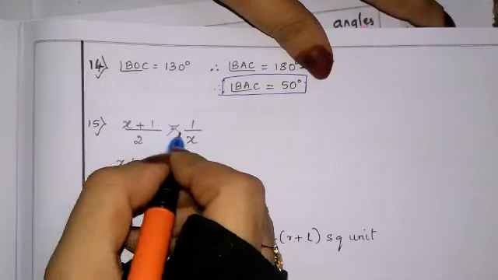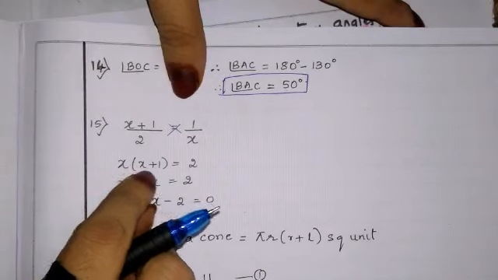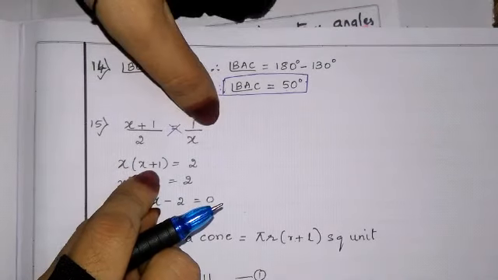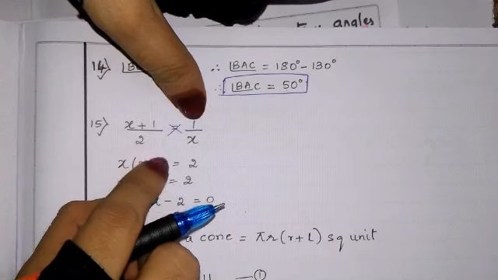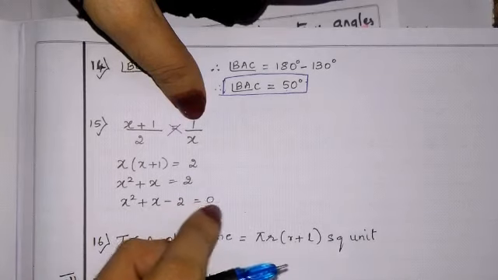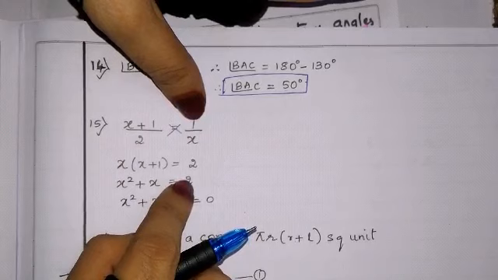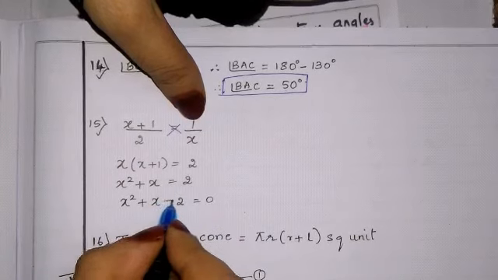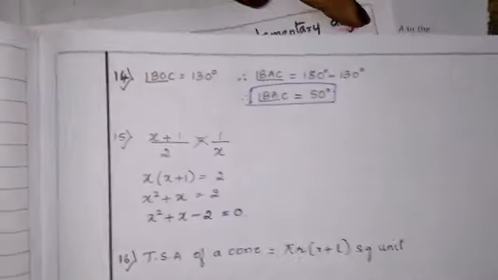Let us cross multiply. x into x plus 1, I have written here, 2 into 1, 2 ones are 2. x into x, x square. x into 1, x as it is. So x square plus x, and 2 if I bring here, it becomes minus 2 is equal to 0. This is the standard form of a quadratic equation.